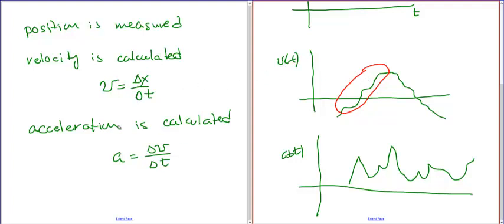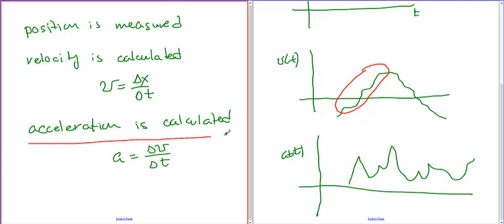So instead of using the acceleration curve that's generated to calculate the acceleration, I'm going to take the velocity curve, take a slope of that, which is kind of like averaging, and that'll give me a better representative number of what is actually happening.